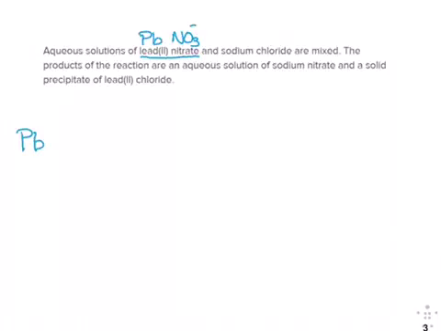Negative 1. And what's lead's charge? Plus 2. So how many nitrates do we need? 2. And it tells us that it's aqueous, so we need to indicate that in our equation. So in parentheses behind it, you write the symbol for aqueous, which is aq.